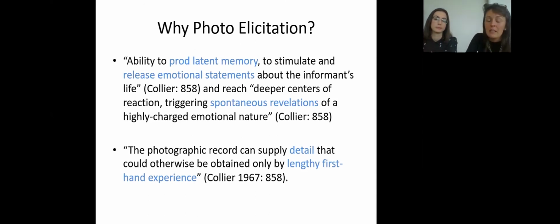Another example would be a study using photo elicitation of cancer patients on a hospital ward. It was not suitable for the researcher to be present all the time. So again, photo elicitation was used to document cancer patients' experiences of life on a hospital ward. So yeah, a great method to gain access and insight into an experience that researchers won't have access to for ethical, practical, or temporal reasons.